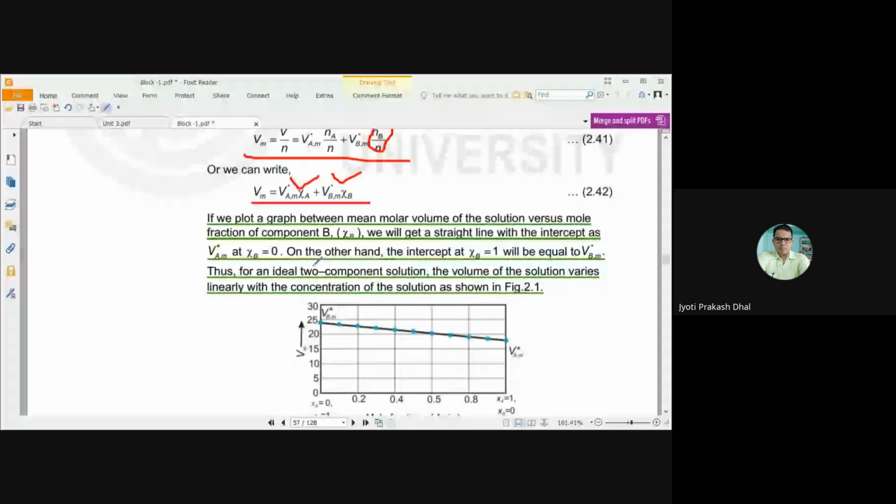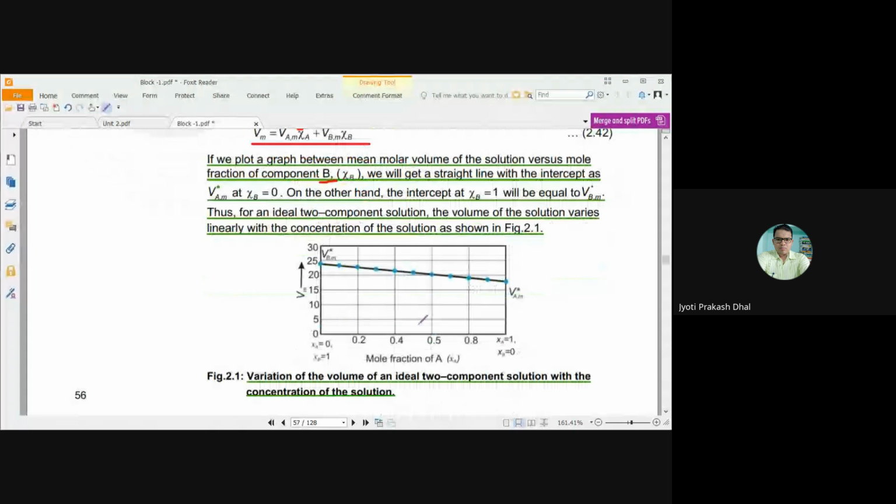Now if we plot a graph between the molar volume of the solution versus the mole fraction of the components, in the x-axis we will put the mole fraction of component A, chi A, and in the y-axis the molar volume Vm. If we draw the graph, we will find a straight line.